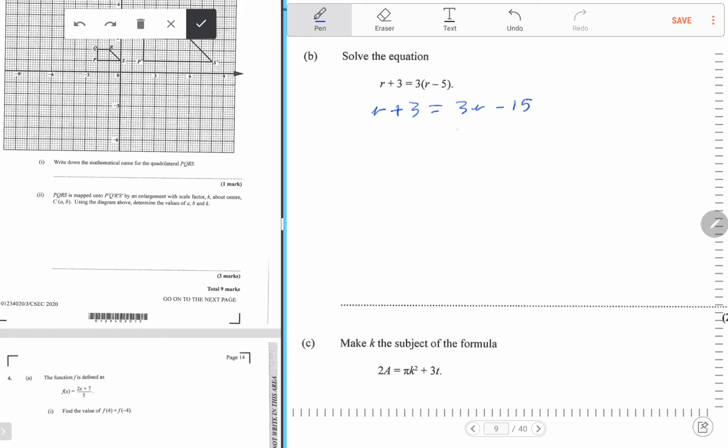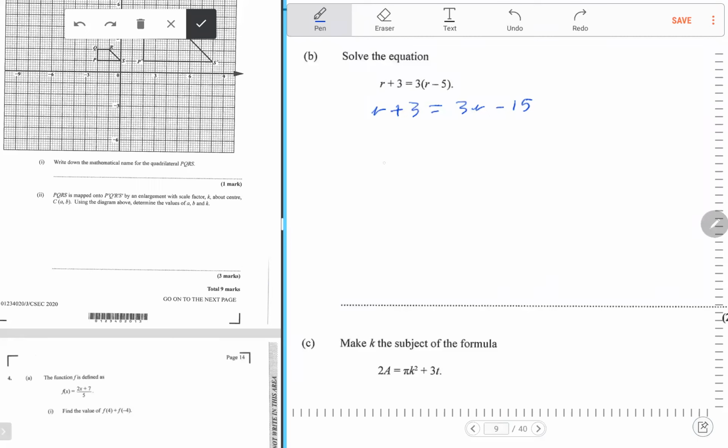Now I'm going to leave the R to be positive, so I'm going to transpose this over this side, so that the R stays positive. I don't want to bring the 3R over here and get a negative 3R. So I'm going to do the easy way. I'm going to bring this R over here and subtract it. I'm going to take this negative 15 over here and add it. Simple transposing.